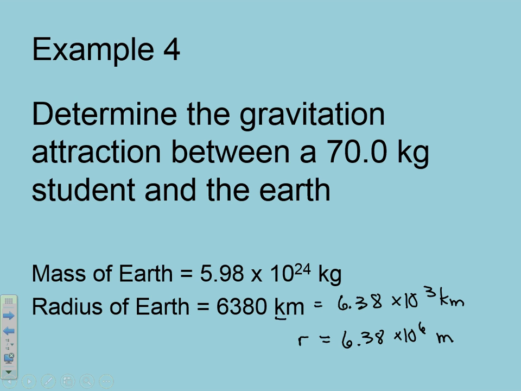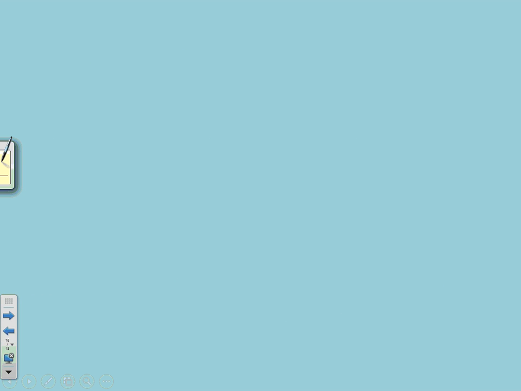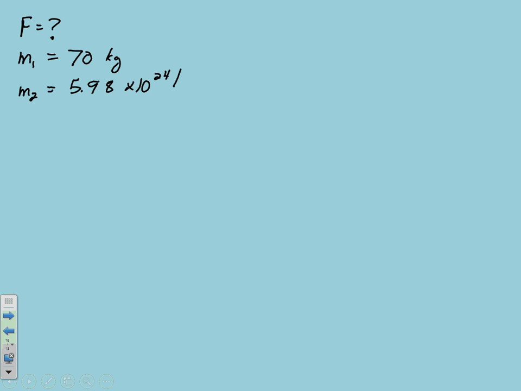So this time, we're going to find the gravitational attraction between that 70 kilogram student and the Earth. So F is what we're trying to find. M1 is 70. M2 is the mass of the Earth. That was 5.98 times 10 to the 24th kilograms. The radius of the Earth was 6.38 times 10 to the 6th meters.